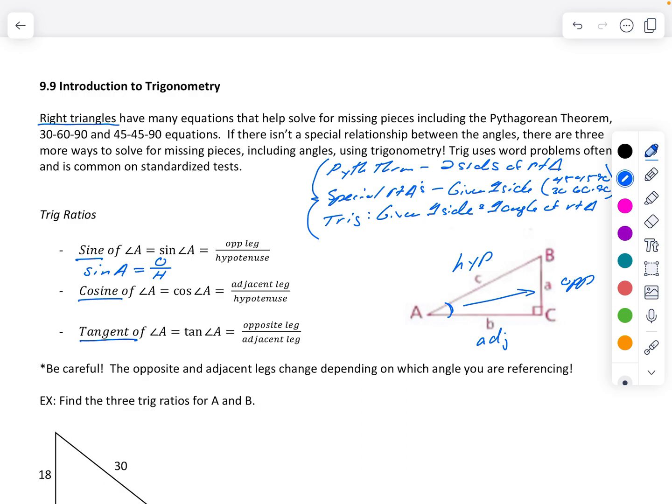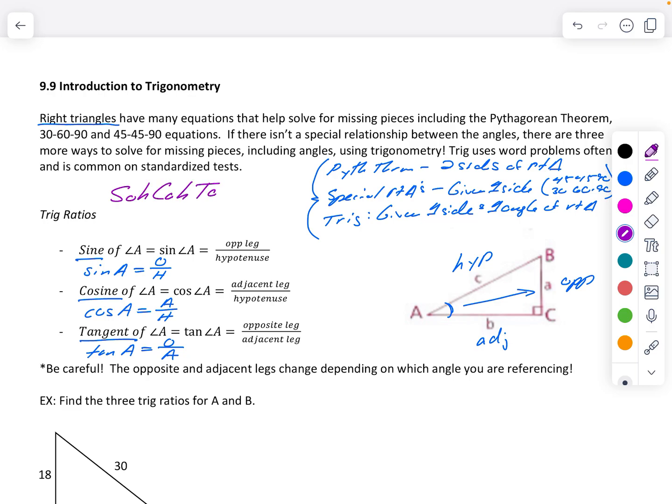The cosine of angle A, often abbreviated cos, is equal to the adjacent side over the hypotenuse. And then finally, the tangent of A, abbreviated tan, is equal to the opposite over adjacent. Now, to help us remember this, we often use SOHCAHTOA.